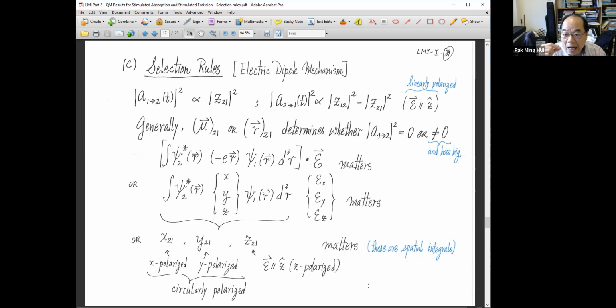Those are measurable quantities, and that is also related to something called the lifetime of an atomic state. High-level states are unstable, but how long will they stay there before they come down by themselves? Okay, so let's take a break now.